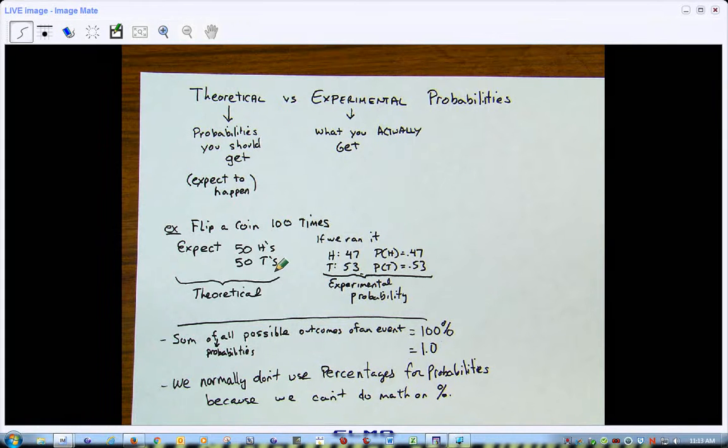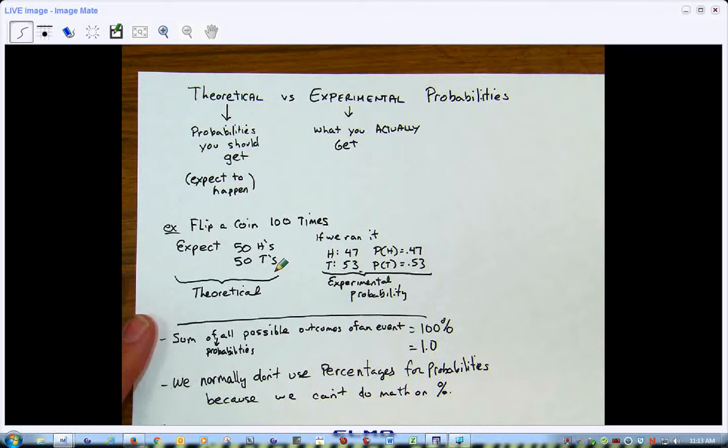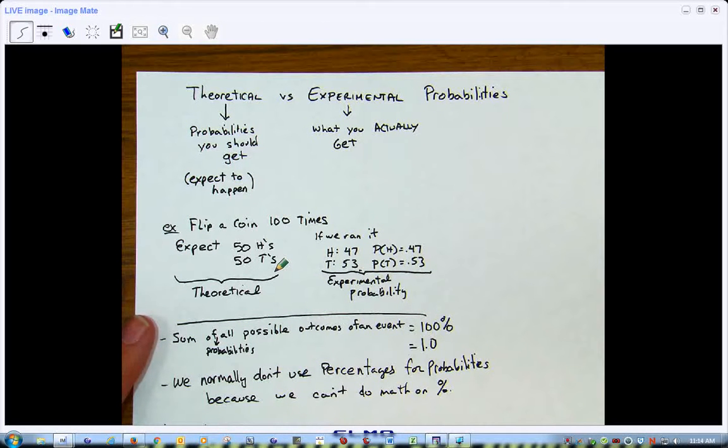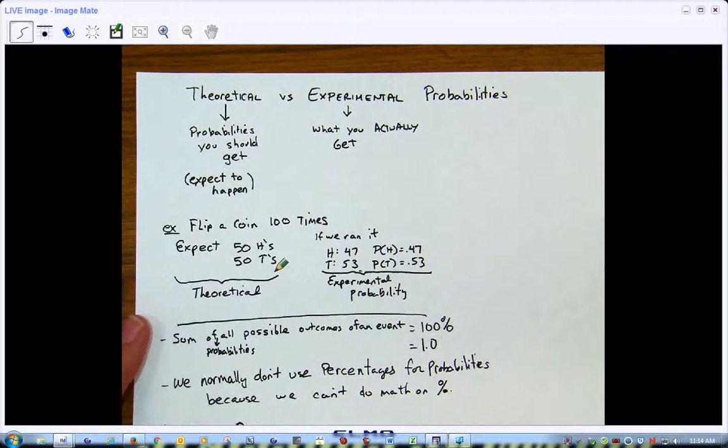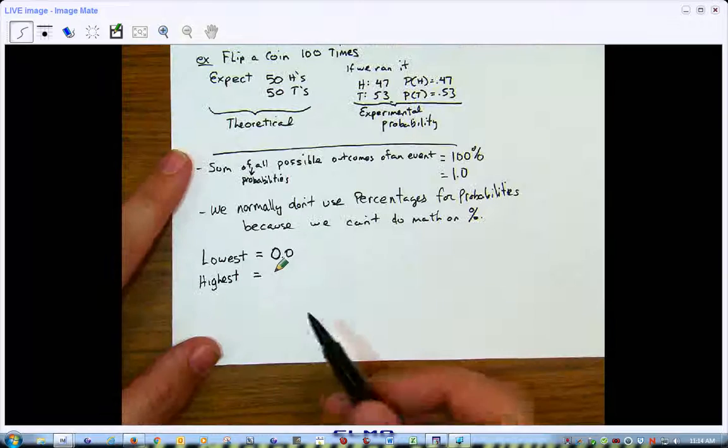Now, what's the lowest probability, do you think? Zero. The lowest probability is 0. What do you think the highest is? We'll use decimal places instead of percentages. 1.0.